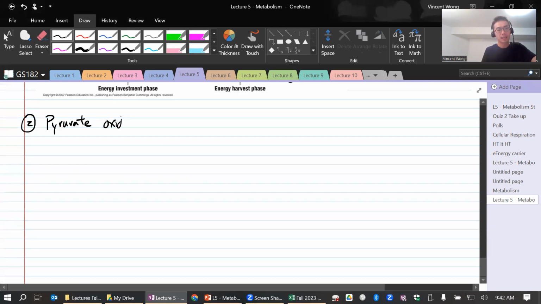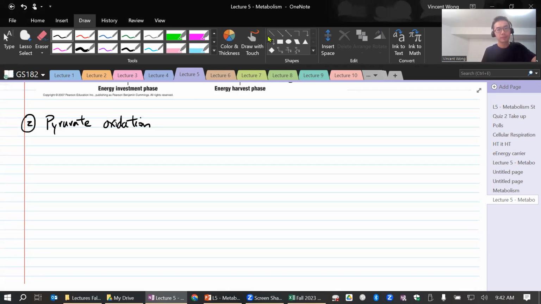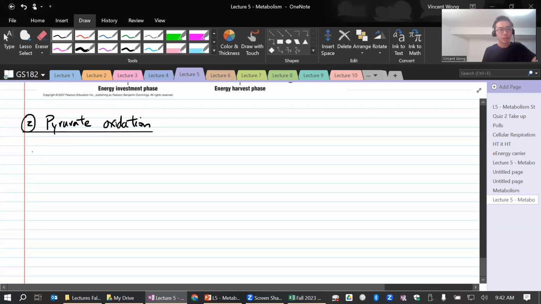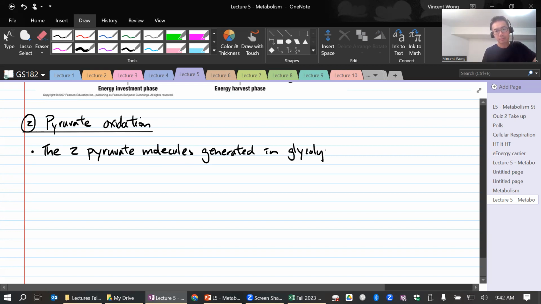oxidation. Okay. So the 2 pyruvate molecules generated in glycolysis, the last step, moves into, where does it go?